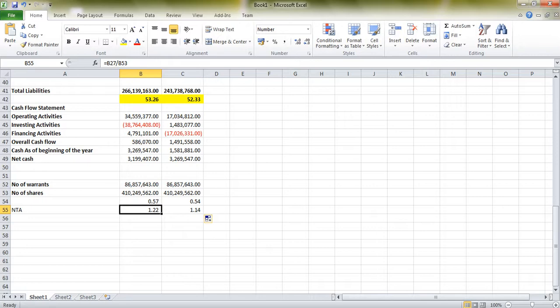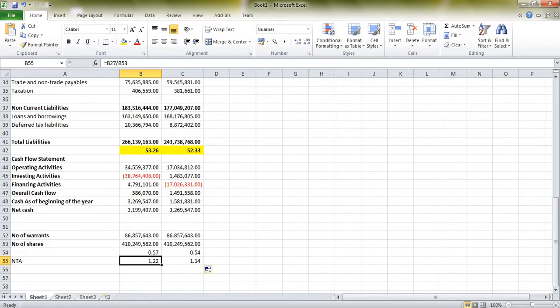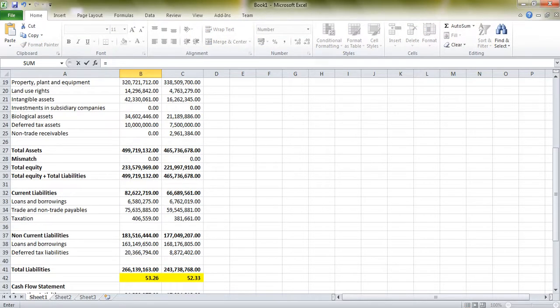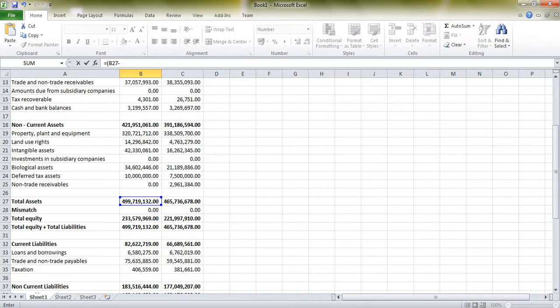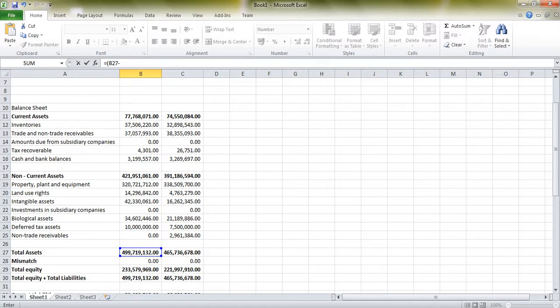But this one you need to exclude, because you need to do some adjustment, like bracket, minus out this one.